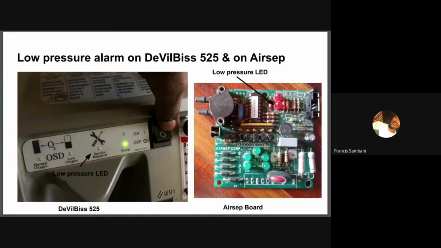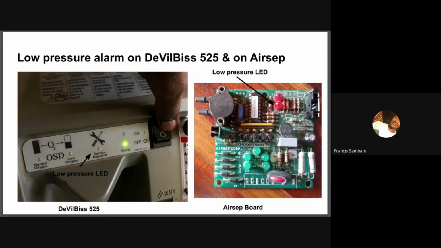It is usually accompanied with a low oxygen alarm, because when the sieve beds are receiving less pressure than required, you get low purity oxygen as well. For the AirSep model, you have the low pressure LED on the control board itself, so you have to open it up to see it. It's the one you can see in the graphics.